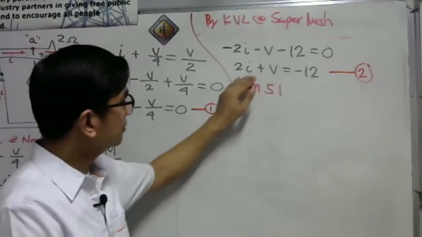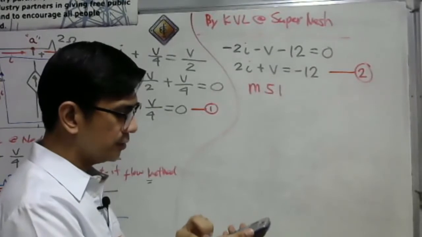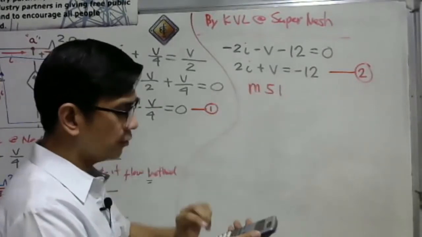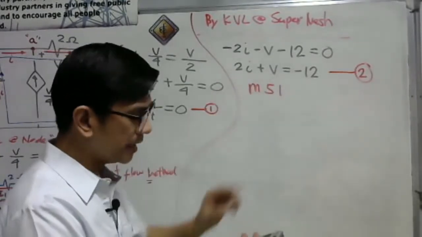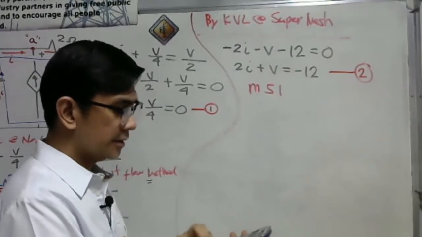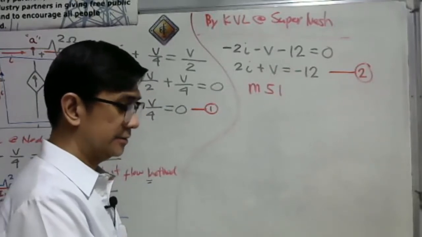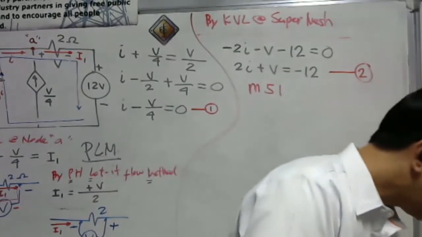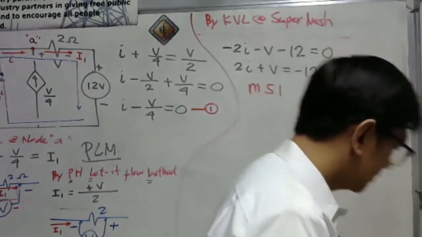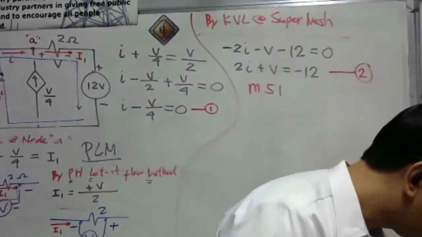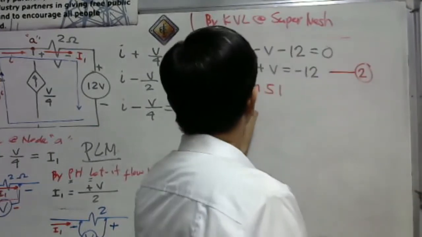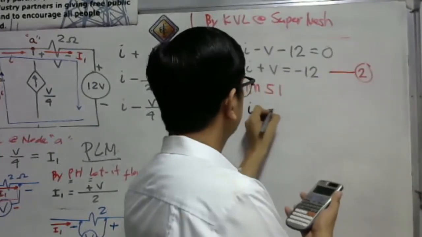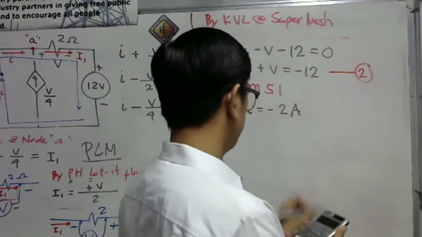Then for our equation number 2, we have 2 equals, 1 equals, and negative 12 equals. Then equals again, and you will get your x. Your x here is actually our I, so I is equal to negative 2 amperes.